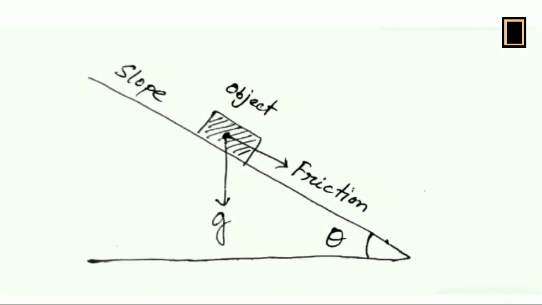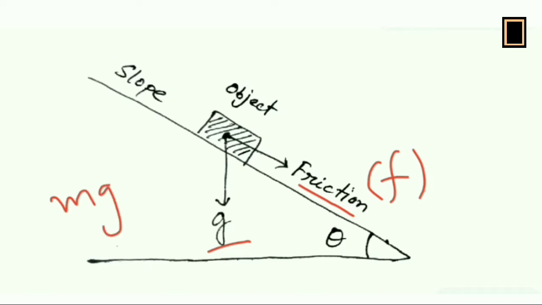As you can see in this diagram, an object is situated on a definite slope having a certain angle. Two types of forces act on the object in this situation. One is the frictional force, which resists the object from moving down along the slope, and another one is the gravitational force, which is actually trying to pull the object down along the slope depending on the mass of the object.